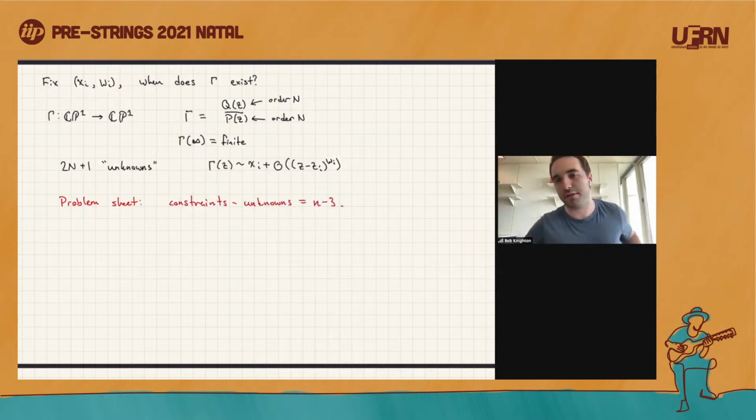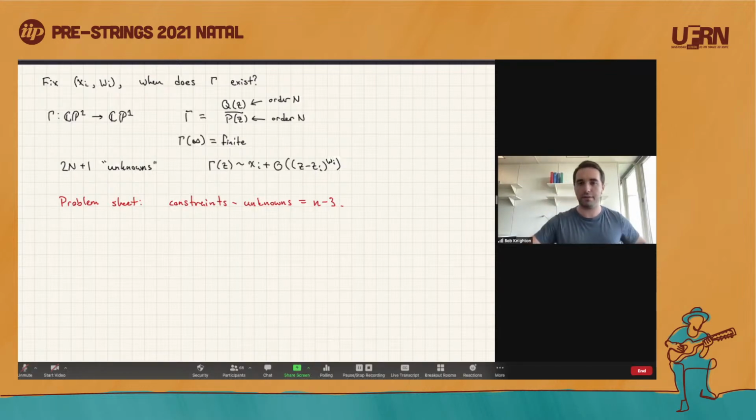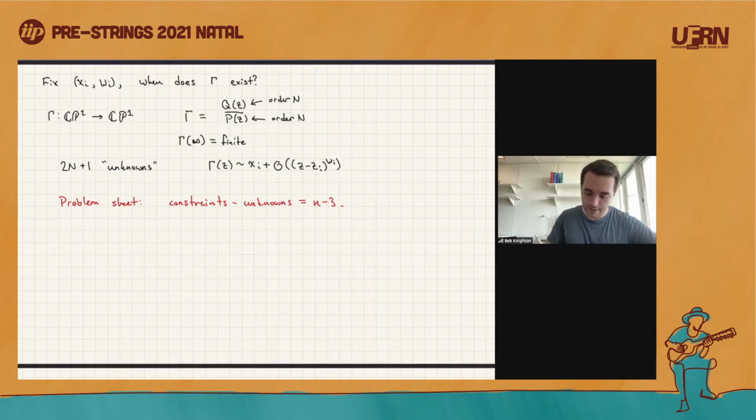So if you wanted to construct a covering map for, say, 4 points, you have an over-constrained system that you would need to solve. And so for that to have a solution, you need to fine-tune n minus 3 parameters. And these parameters are exactly the moduli on, say, the n-punctured sphere.